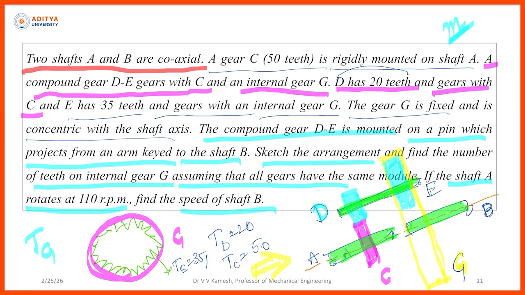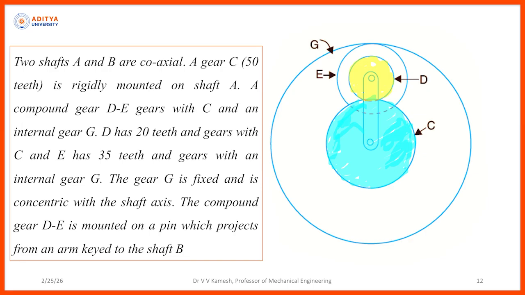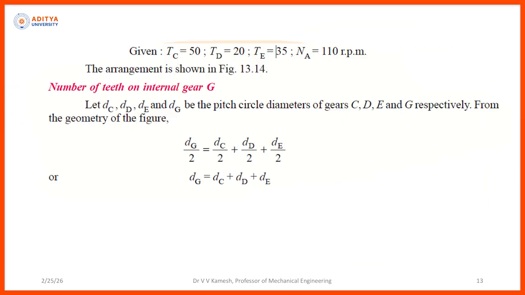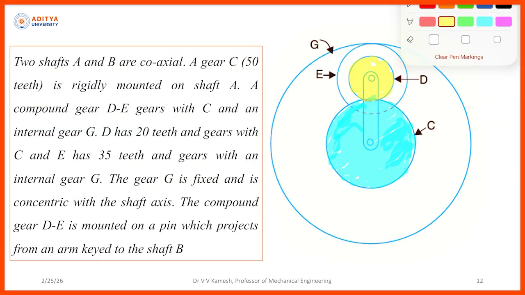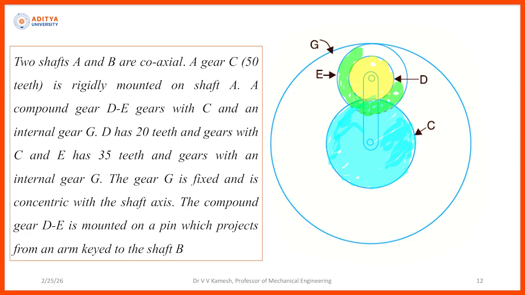So E is the bigger one, but concentric with the D. So what I need to do is draw E. Now I am giving some other color for E, okay. So DE, they are compound gear, DE is compounding, right.